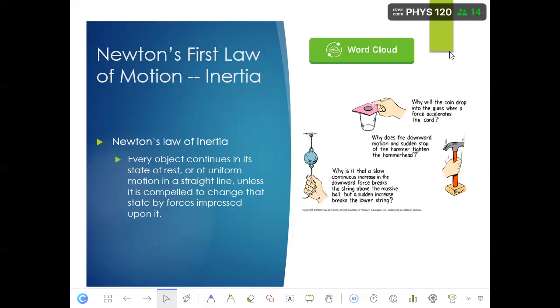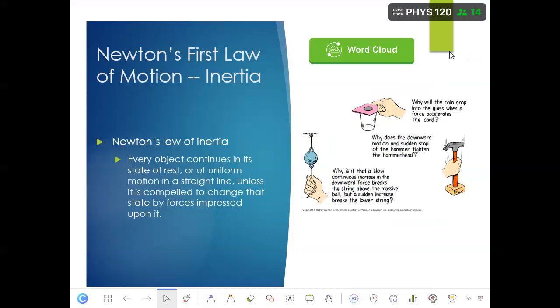Because of force and acceleration, in the word cloud I saw that one student wrote acceleration is equal to the force divided by mass. So it means that whenever there is acceleration, definitely there is a force. This is Newton's second law. Newton's first law: object at rest or object moving with constant velocity, there are no forces, or if there are forces, they cancel each other.